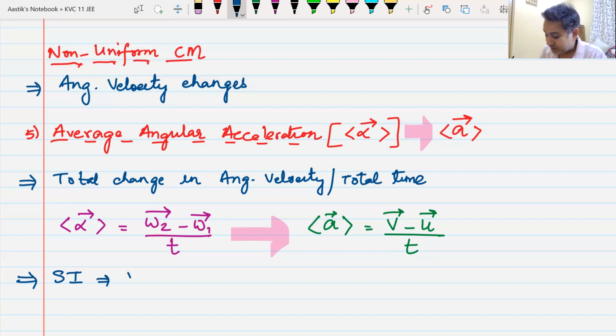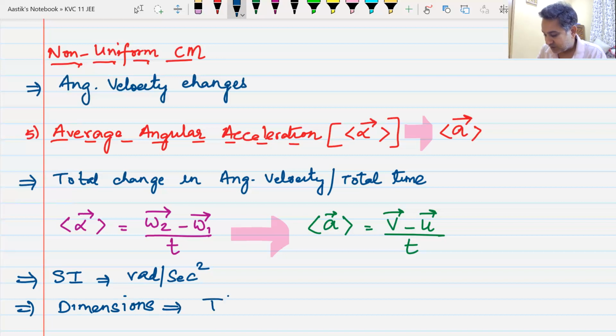So the SI unit becomes radians per second square, rad per second square. Do we understand this? And the dimension becomes, remember, angle does not have any dimension, so it becomes T raised to the power of -2. That is your average angular acceleration.